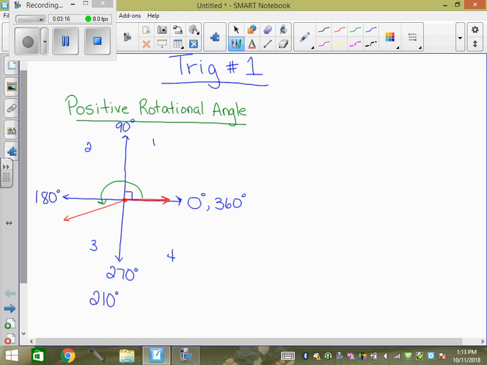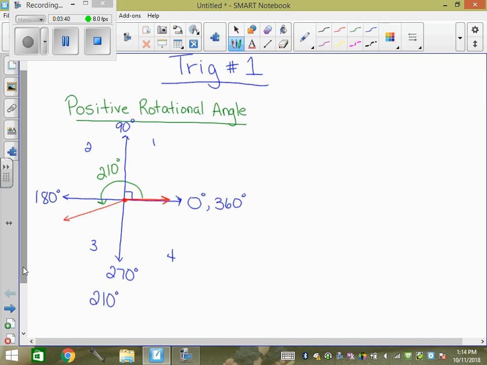If you don't draw the arrow, the angle could be on the other way, right? Could be on the other side, which is a totally different angle. And then we label it 210 degrees. All right? So you need an initial arm, you need a terminal arm, you need to rotate about 0, 0, and then you need to write it out.